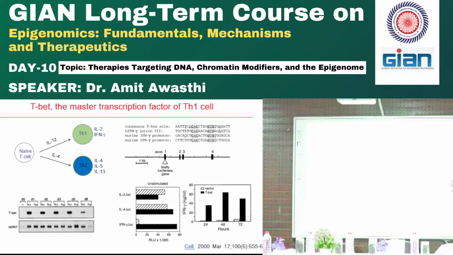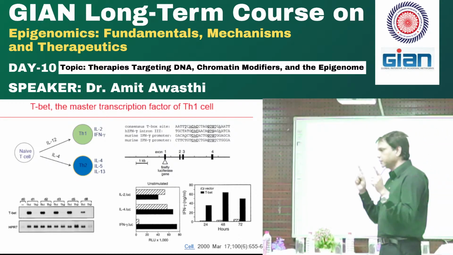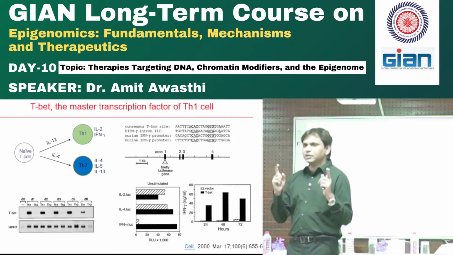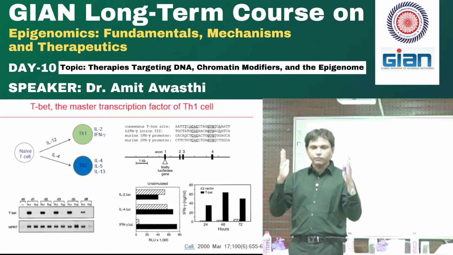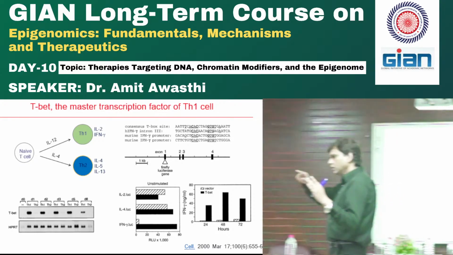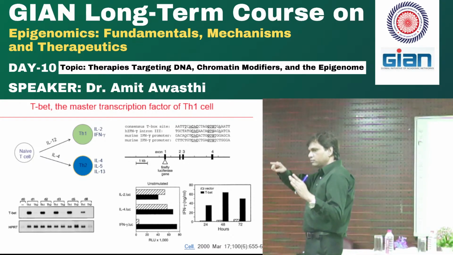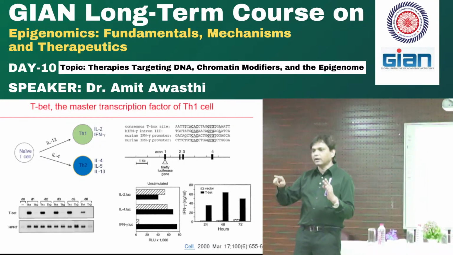I tried to take something out of it. They cloned this protein TBET, and they did a luciferase assay. What is a luciferase assay? It is an assay where you want to see promoter activity. Let's say I want to see IFN gamma promoter activity, because the promoter of a gene is something by which your gene will be transactivated or transcribed.